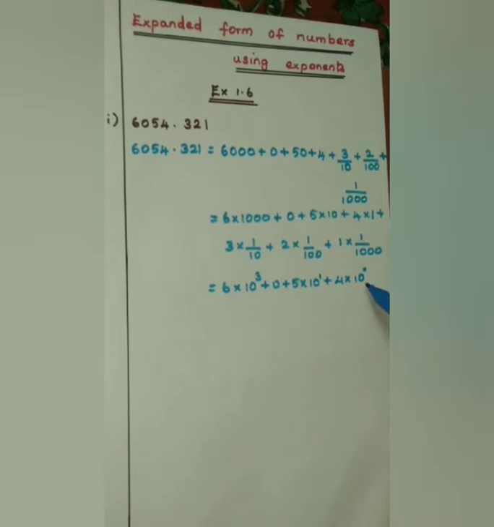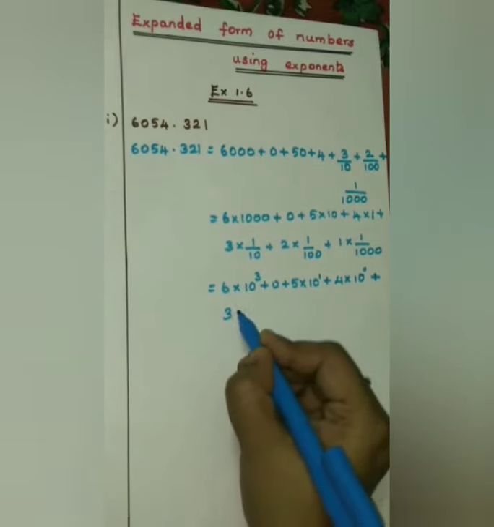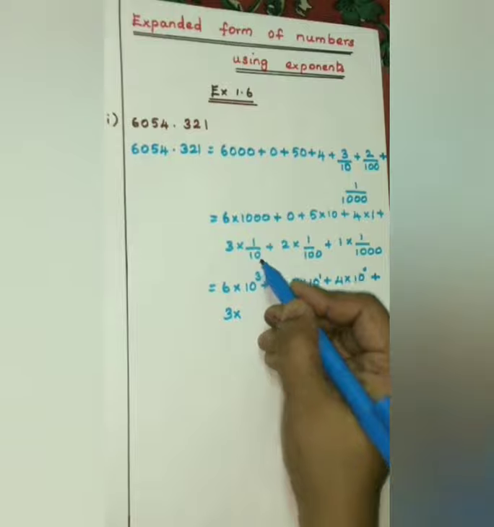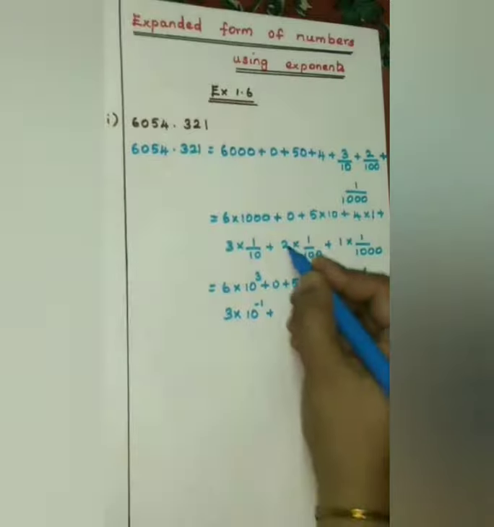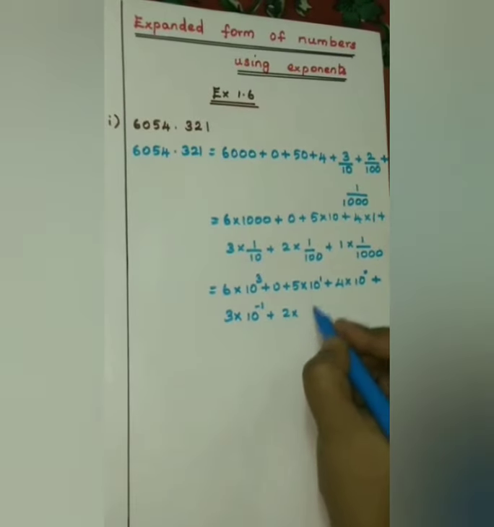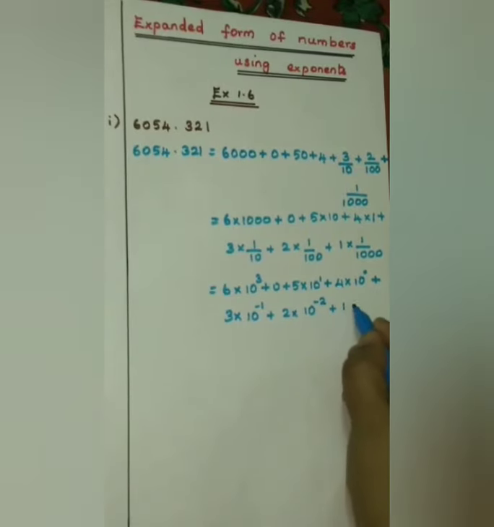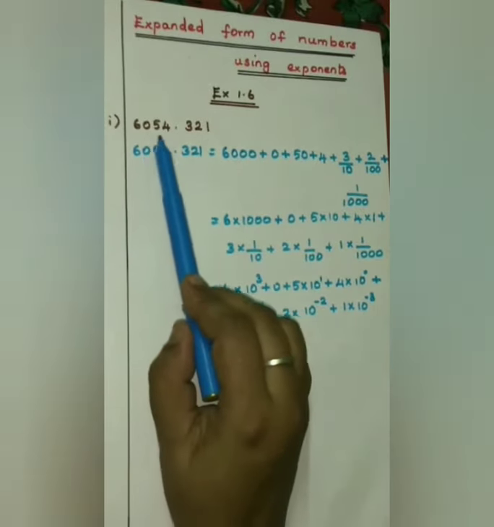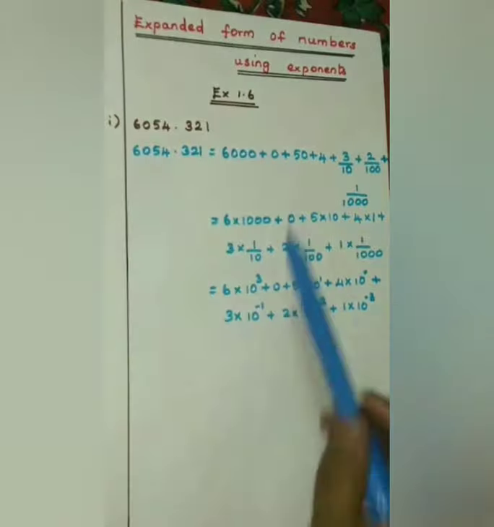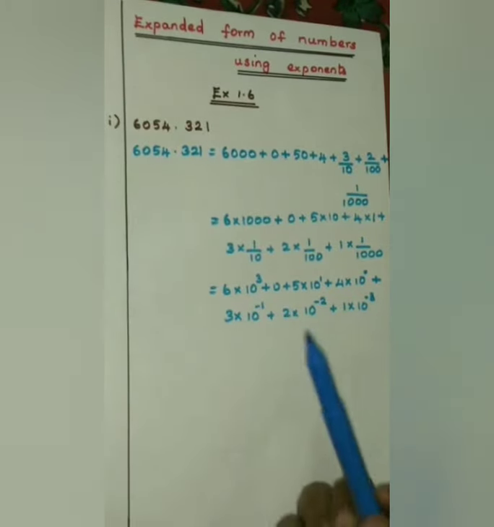So 1 I have written as 10 to the power 0 plus 3 into 1 by 10. So 10 to the power minus 1 plus 2 into 1 by 100 can be written as 10 to the power minus 2 plus 1 into 1 by 1000, which can be written as 10 to the power minus 3. So this decimal number 6054.321 is expanded like this. Write the answer.